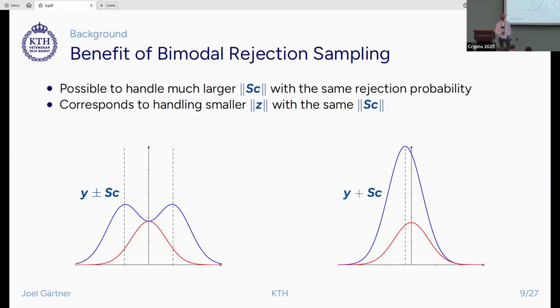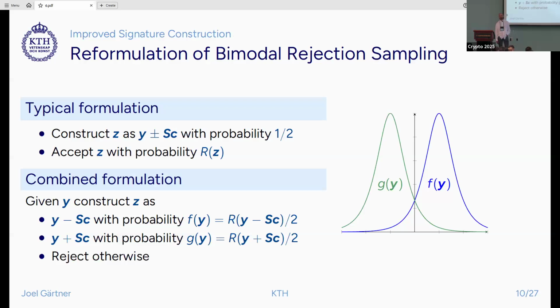And the idea behind our new rejection sampling actually follows quite naturally from a reformulation of the bimodal rejection sampling of BLISS. So typically, the rejection sampling of BLISS is formulated as you first having a Y vector, and you're constructing a Z vector as Y plus SC or Y minus SC with equal probability 1/2.